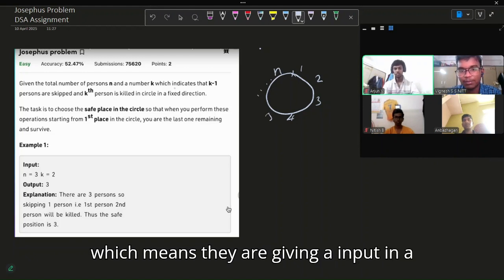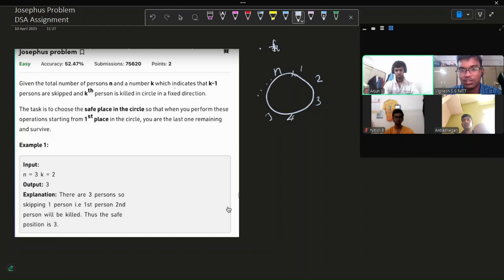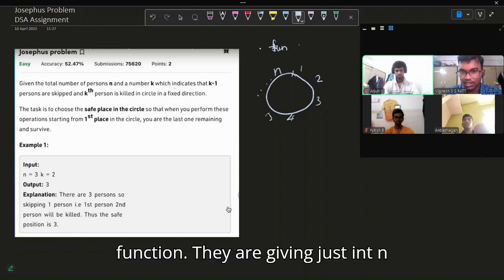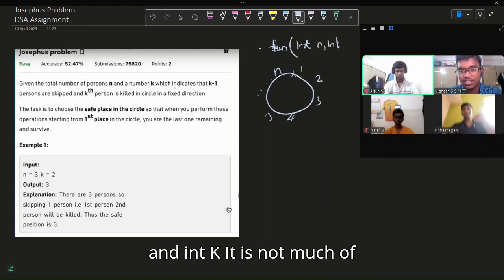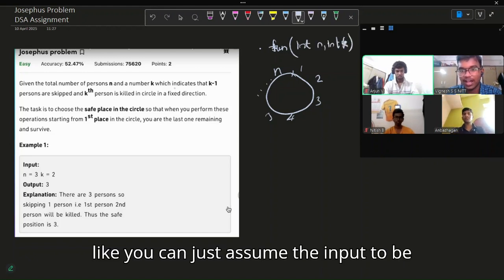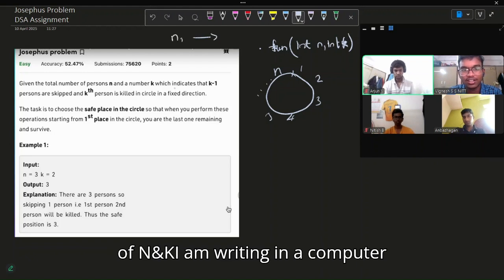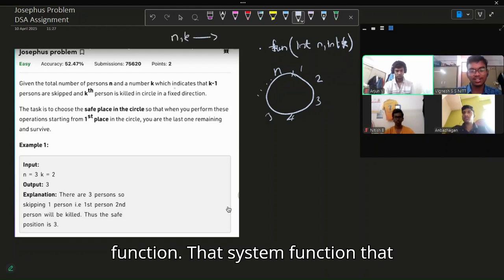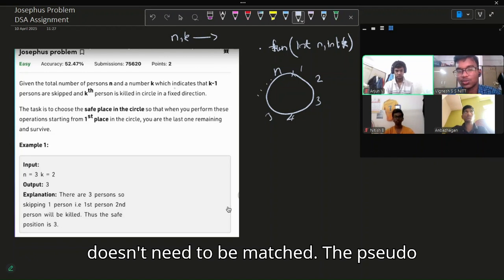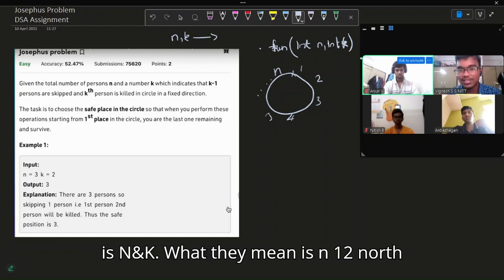They are giving input to a function: just int n and int k. You can just assume the input to be n and k. I am not writing a full system function; the pseudocode is pretty much enough. So the input is n and k.